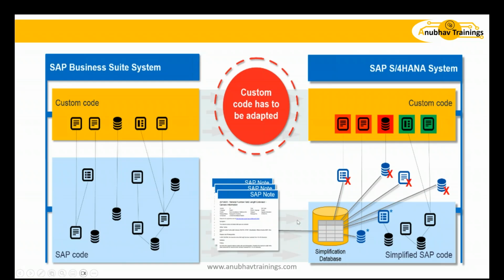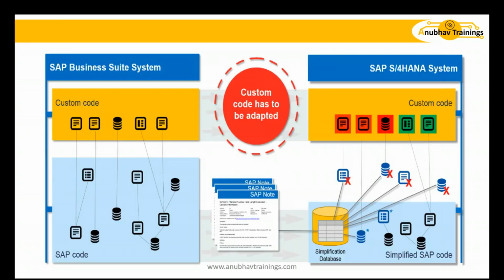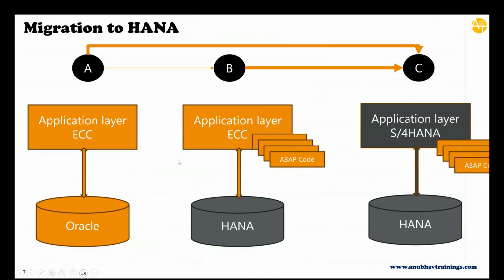SAP provides again a very important check which is called the S4HANA Readiness check. And as a developer, like in the last class, you did functional checks to check if your code is ready before it moves to the system where it runs on HANA, A to B. Now we'll discuss B to C. So if you're moving to S4, you can actually go ahead and analyze your custom code based on the S4HANA readiness check.